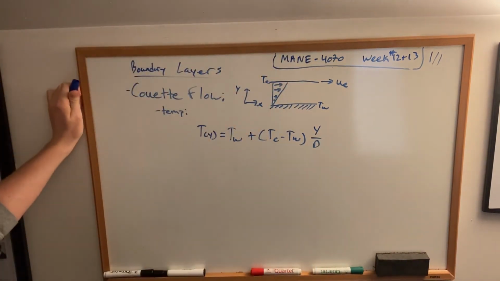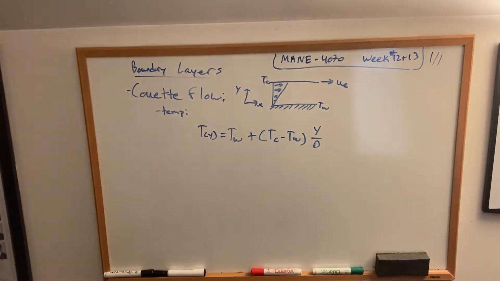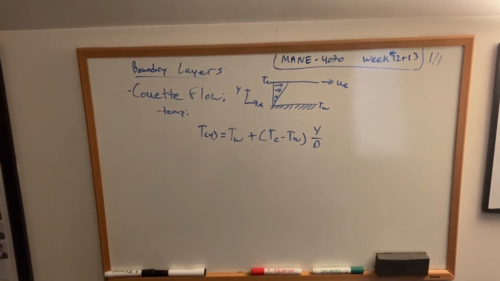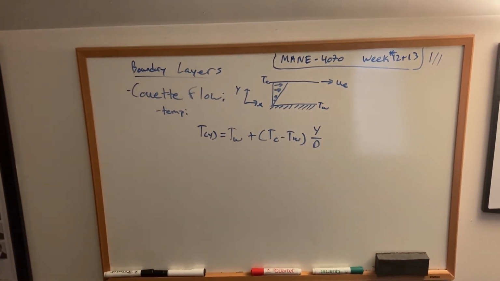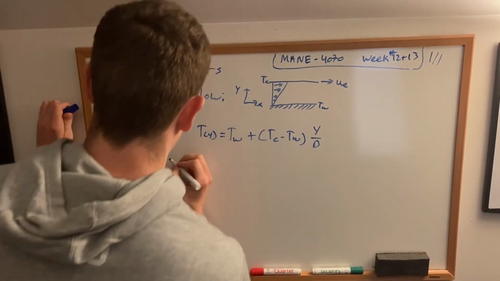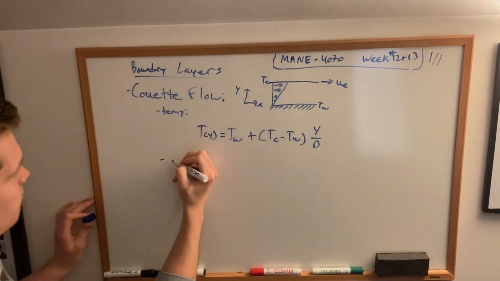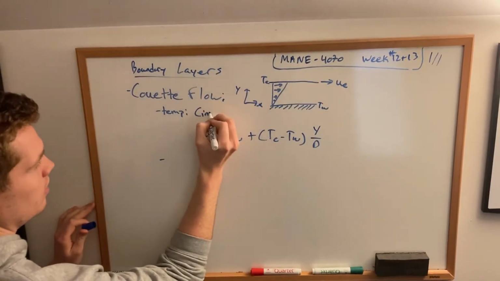And so that's how you can find your local temperature, which is a pretty simple equation. So this is inviscid.